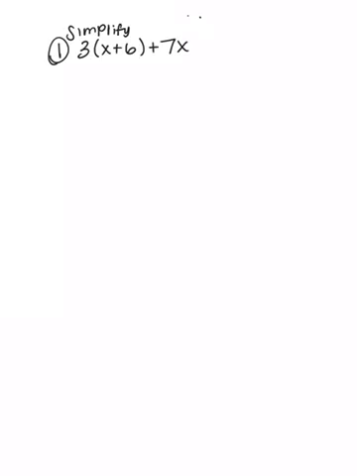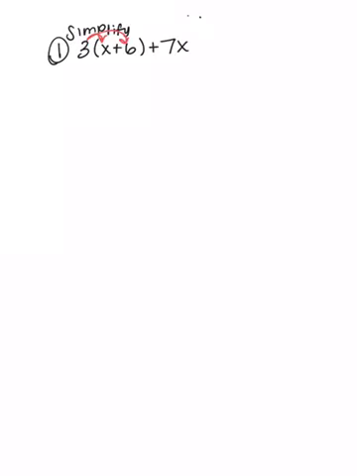So when you are simplifying an expression, if there is any place that you can distribute, you want to distribute first. So on this example that we have here, we have this 3 outside of the parenthesis. So the very first thing that I'm going to do to simplify this is I am going to go ahead and distribute that 3.